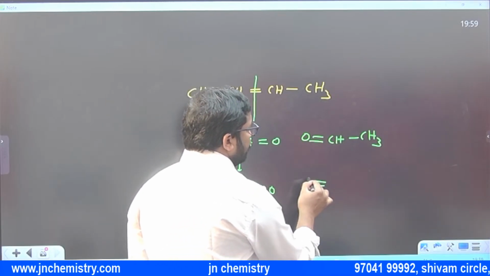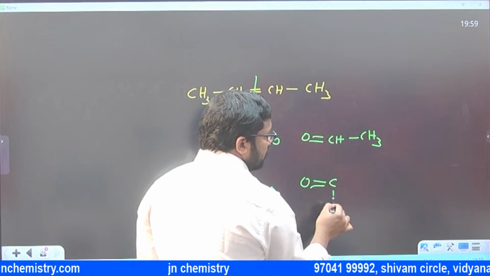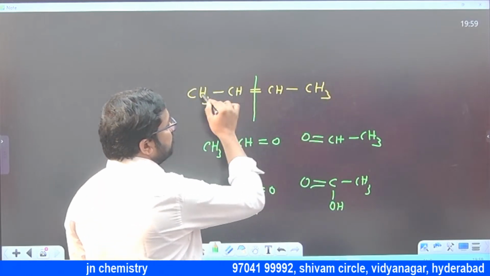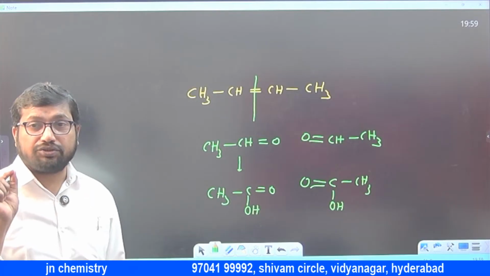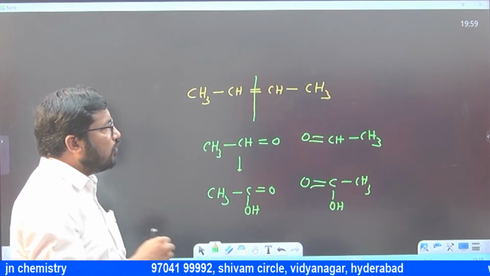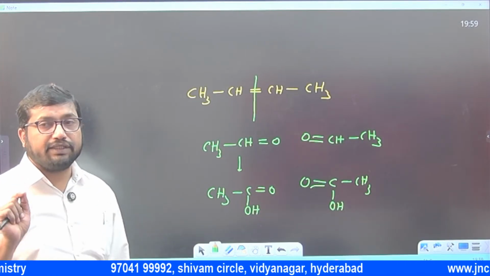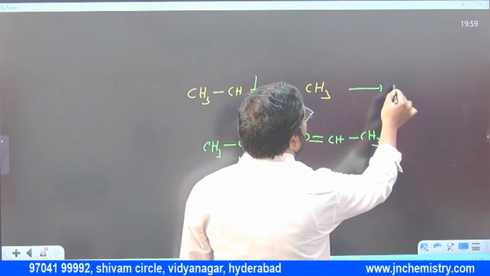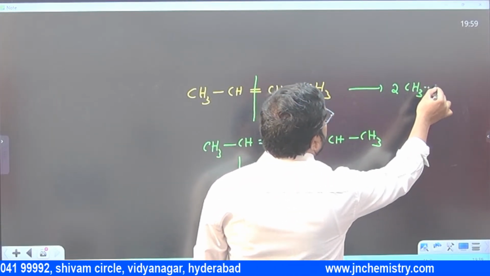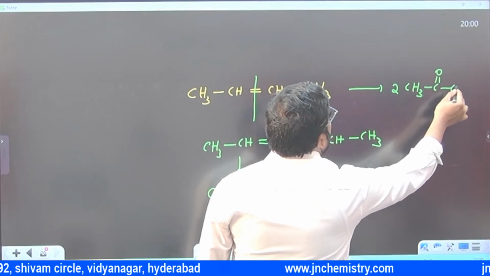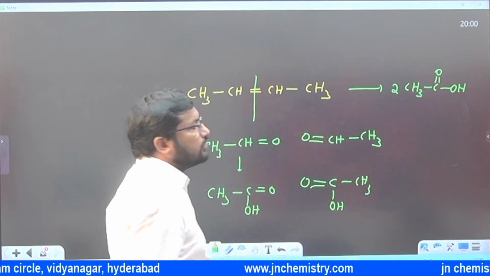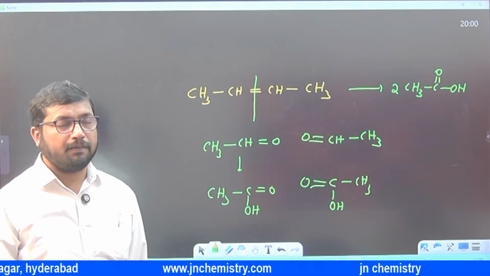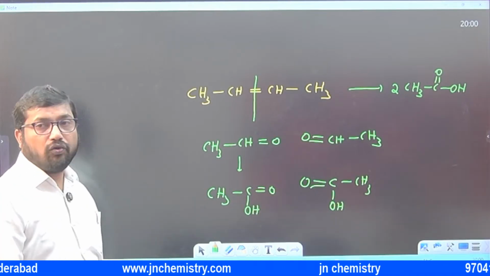Here also C double bond O, C hydrogen with OH, CH3, but not the adjacent carbons, only the double bond hydrogens we need to replace with OH. So 2 moles of what we will get? Acetic acid we will get. 2 moles of acetic acid. Clear everyone?